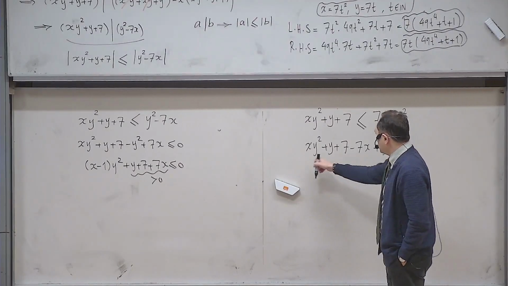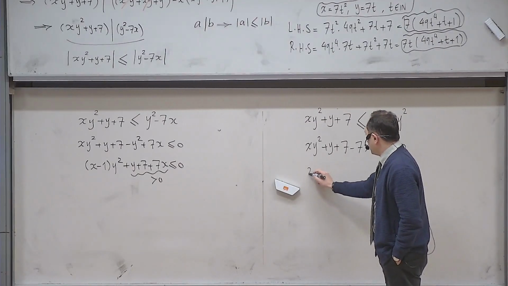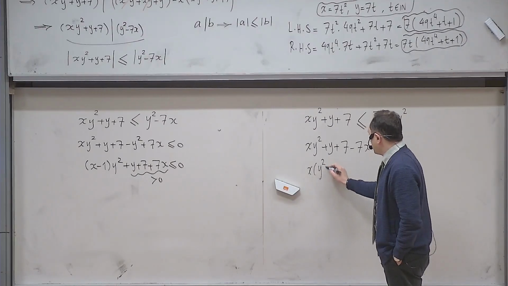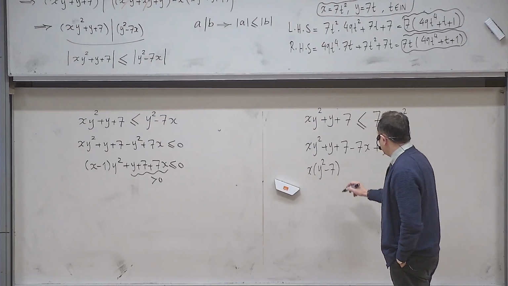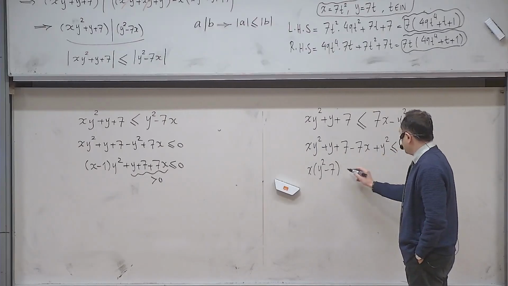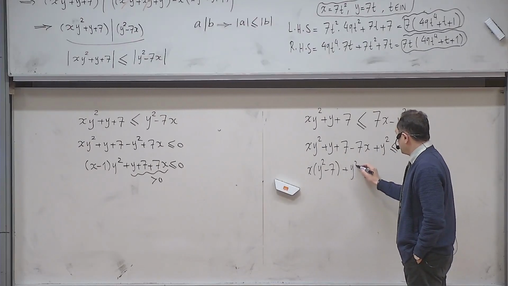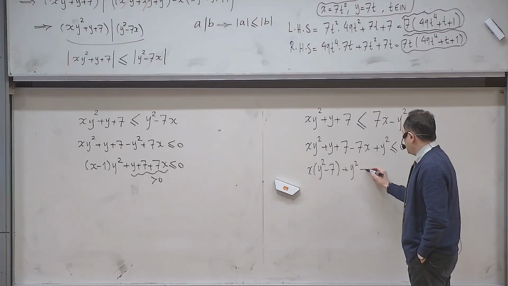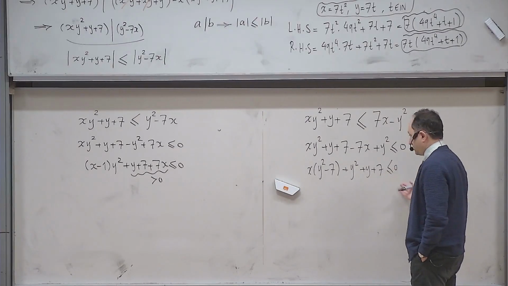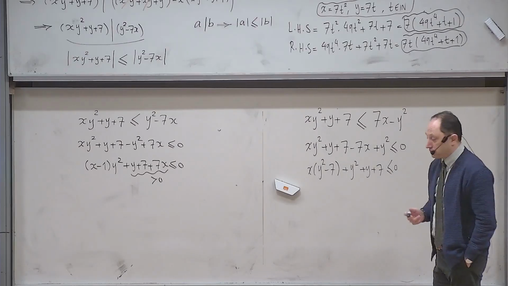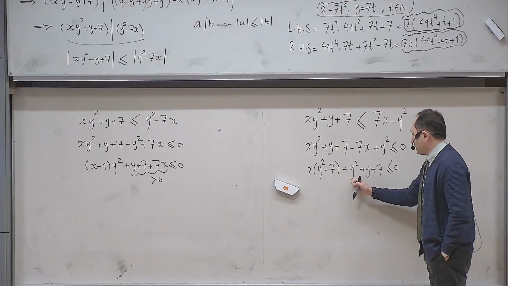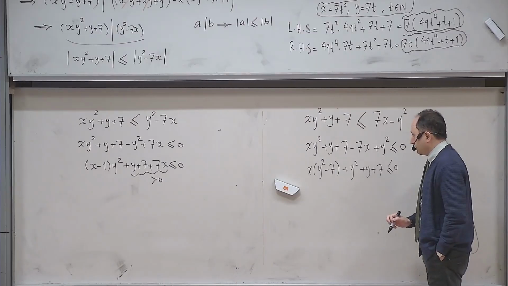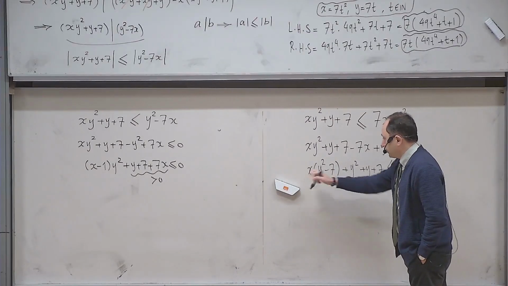Between these two, if I factor x out, then it becomes y squared minus 7, and then I copy and paste the rest. So let me write y squared first, and then y, and then 7. I want to make it negative, if possible, of course. y is a natural number, so this part is positive. x is a natural number, so x is positive.